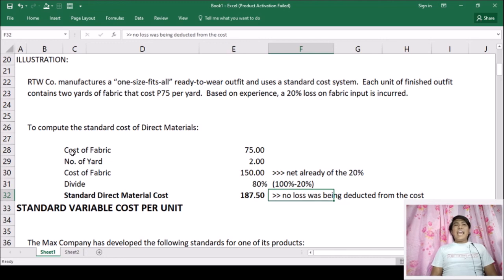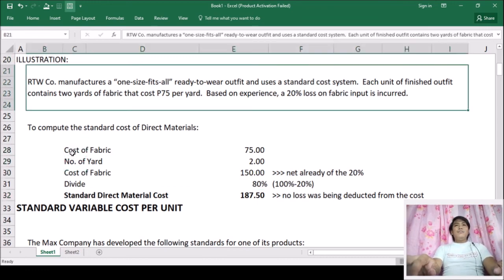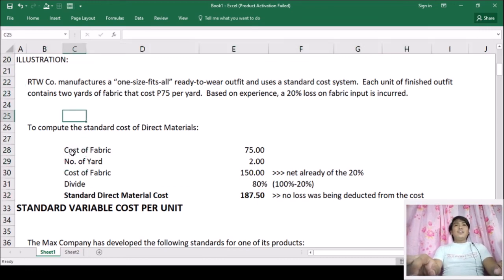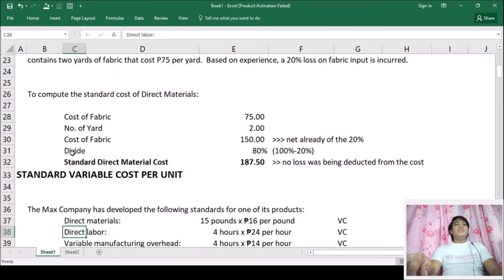So the answer for the direct material standard cost is 187.5. Take note, if there were losses provided and they are considered normal, they shall form part of the cost of the particular material or labor.